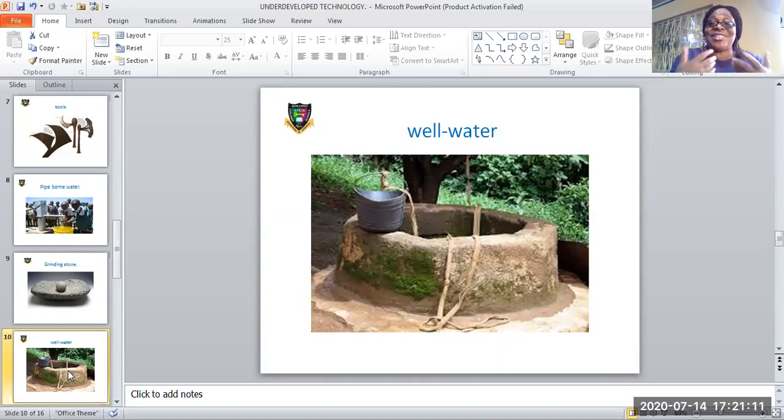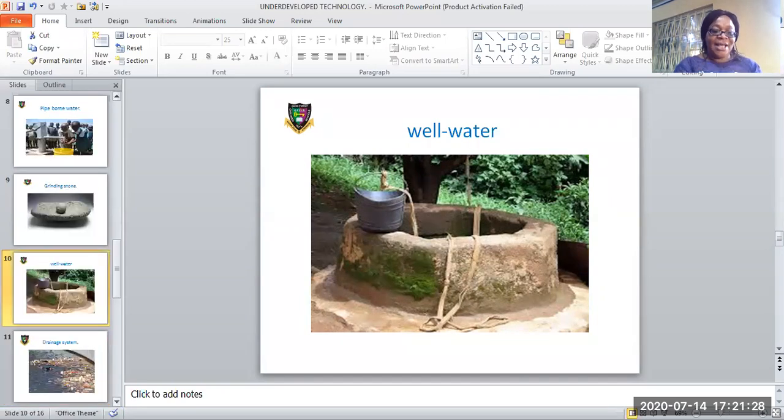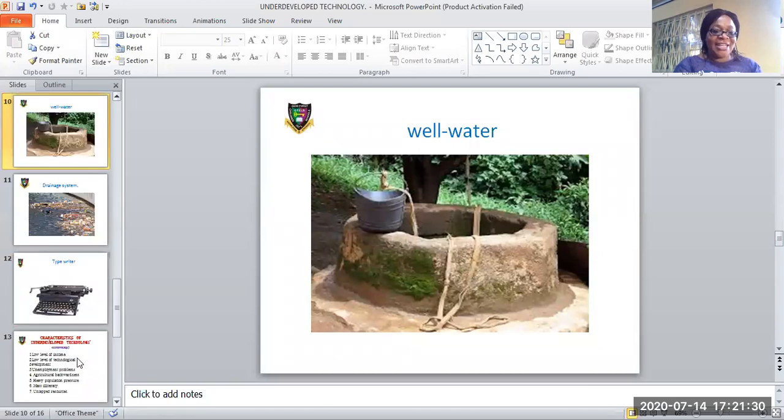There are even water fountains everywhere. And here you are, under development claims well water. Look at the well. It's a measure or a sign of underdevelopment. Are we clear? Are we connecting?